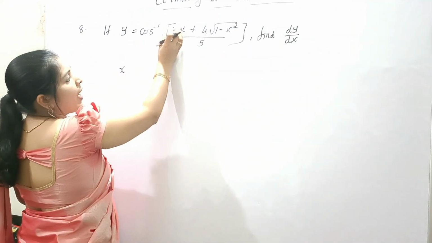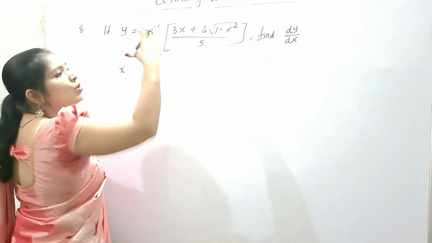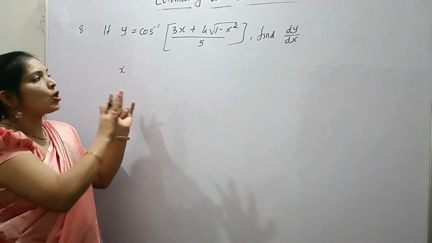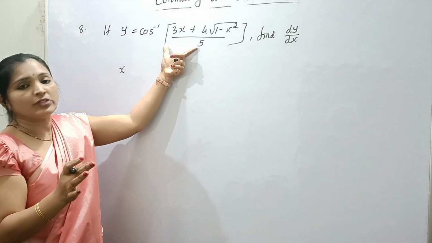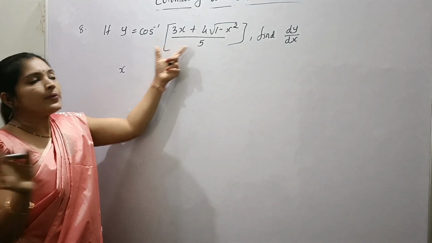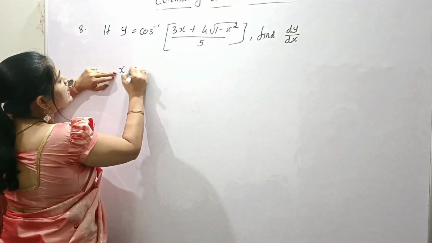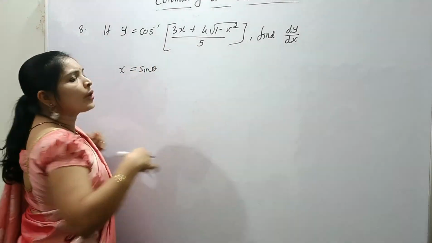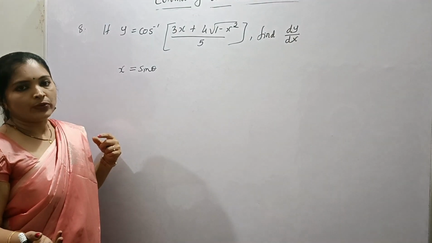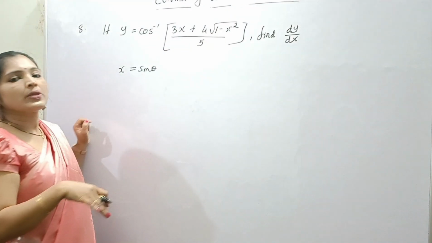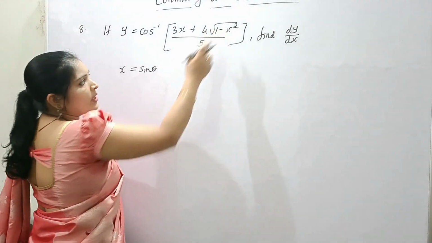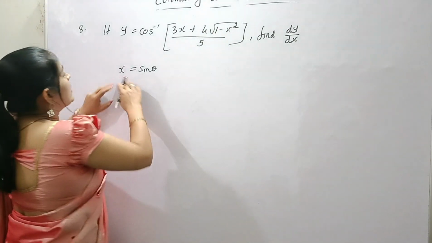Here we have to make it in the form of cos of some value, inside the bracket of cos of, right? So for that, put x is equal to sine theta, or you can put x is equal to cos theta also. Okay, so that you will get 1 minus cos square theta, that will be sine theta, or 1 minus sine square theta, it will be cos theta. Okay, put x is equal to sine theta.